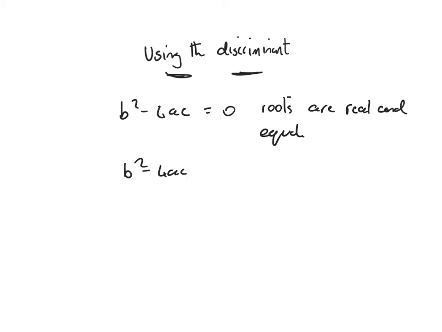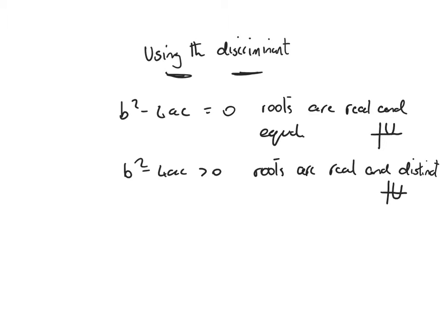When the discriminant b squared minus 4ac was greater than 0, then that means that the roots were real. So that just means we definitely get answers. Real and distinct, meaning that they were separate, they were different. So roots are real and equal might look like that. Roots real and distinct might look like that.